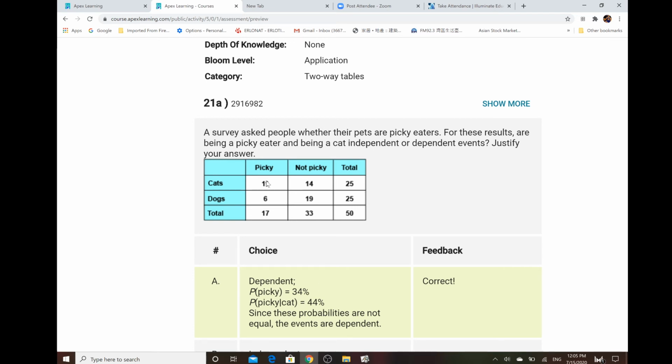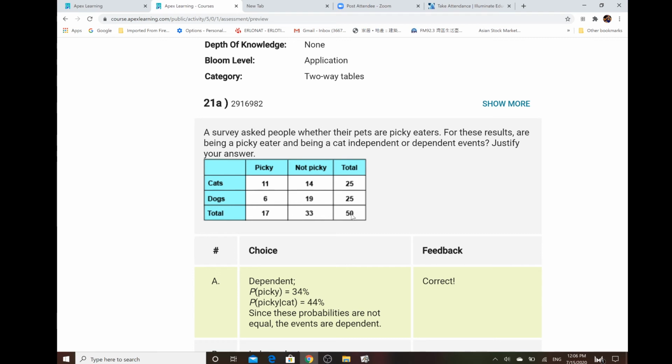Okay, so 11 over 17. Well, no. Oh, you know what? Once you find out those probabilities, if they're considered different or not equal, that means the events are dependent. So the probability of picky, so it's 11 over 50. So 11 over 50, so the percentage would be considered 34%.